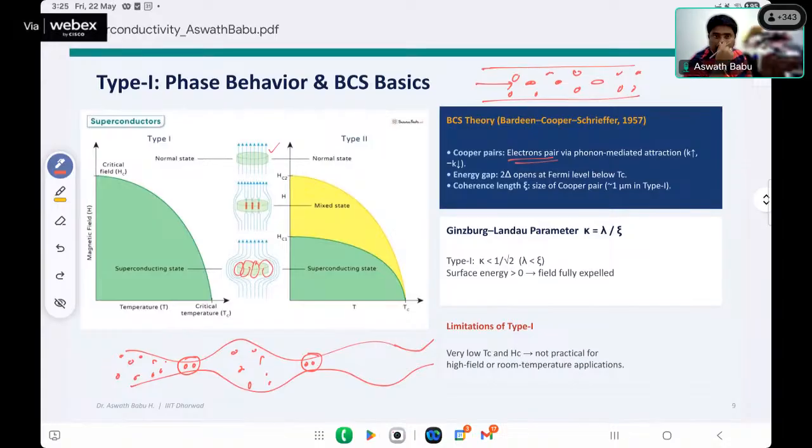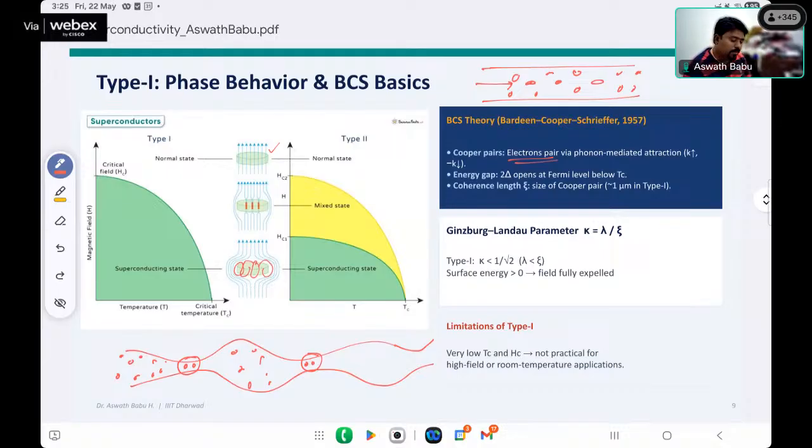We have seen the band structure last time. I think I have it in the next session where I can show you the band structure, especially for superconducting materials. There exists a band gap between the conduction and valence band, and between them there is a Fermi level.